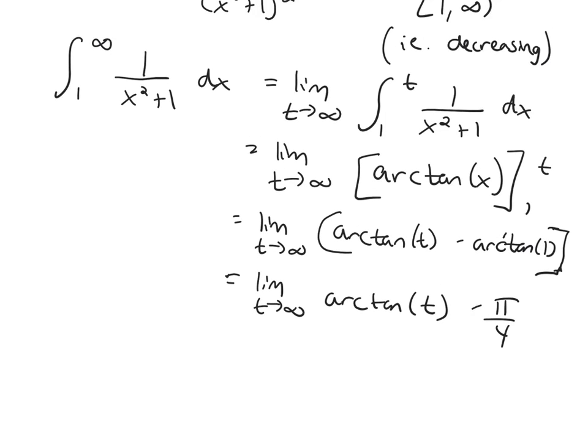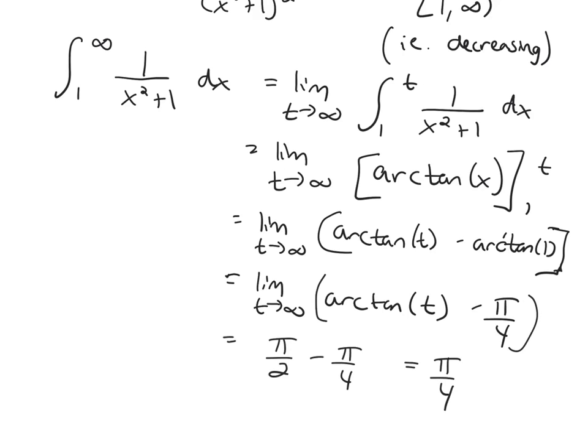And do you remember what the limit of arctangent is as t goes to infinity? It's pi over 2. So it's left with a pi over 4.